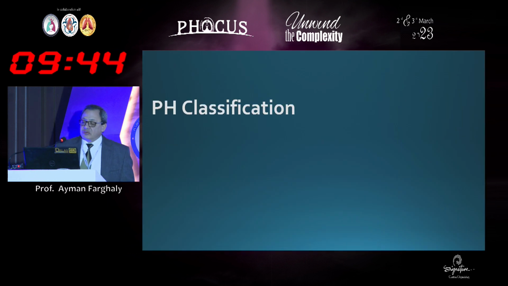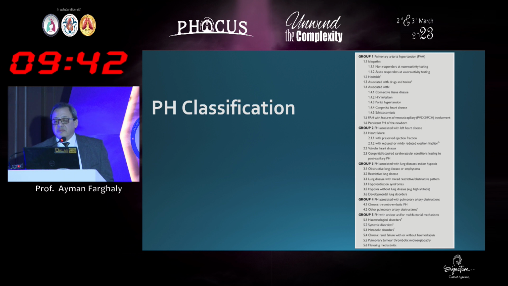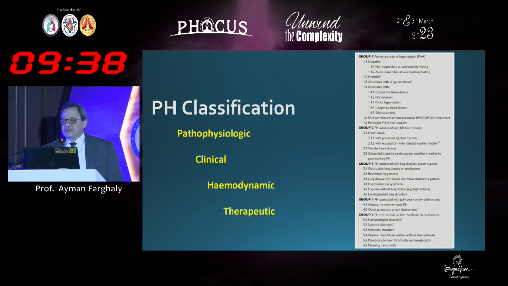So then we go to the classification, and this is the updated classification. And why are we classifying? This is according to pathophysiology, so whether we have remodeling or not, vasculopathy or not, clinical, hemodynamic, as I told you, pre-capillary or post-capillary, and also the therapeutic implication at the end of the day.